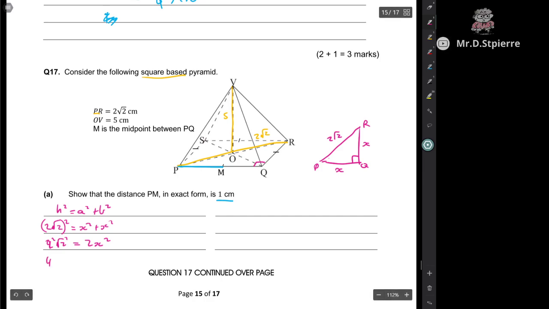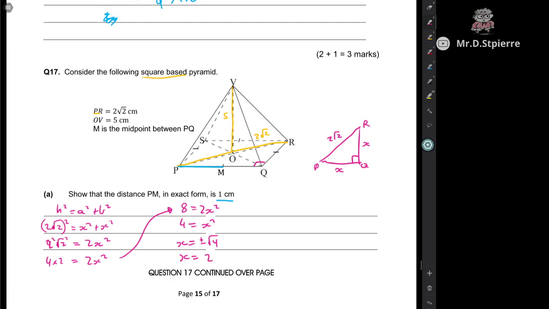So 2 squared is 4, root 2 squared is 2, so that's 4 times 2 equals 2x squared. So I get 8 is equal to 2x squared. So I get 4 is equal to x squared, so x is equal to plus or minus the square root of 4, so x is equal to 2 because we reject the negative.